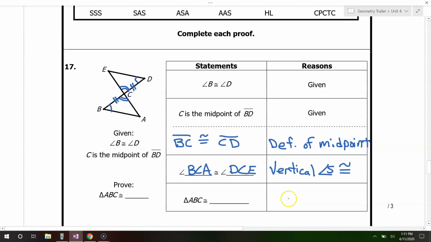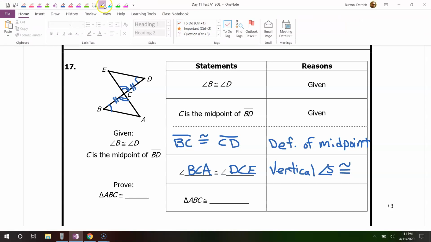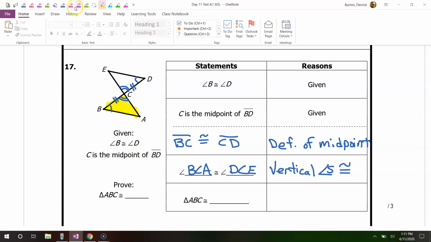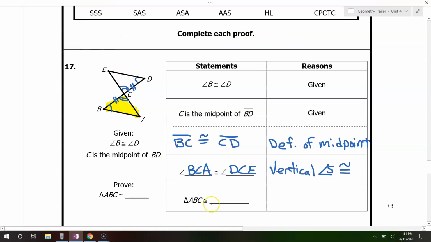Now we are ready to say that the triangles are congruent. So triangle ABC is congruent to the other triangle. Triangle ABC is like the yellow triangle, and that has to be congruent to the white triangle. But you have to put the letters in the right order.